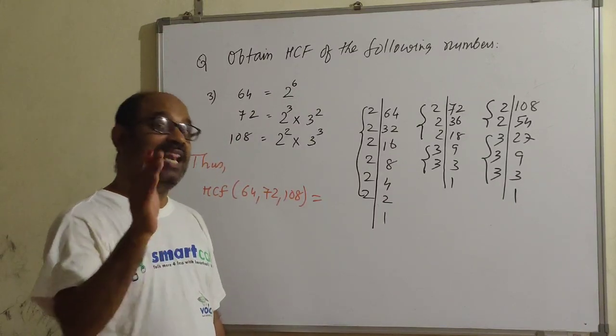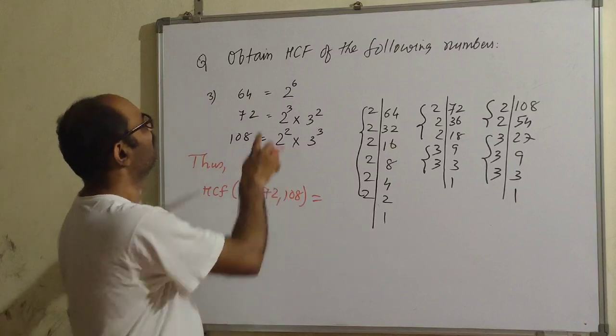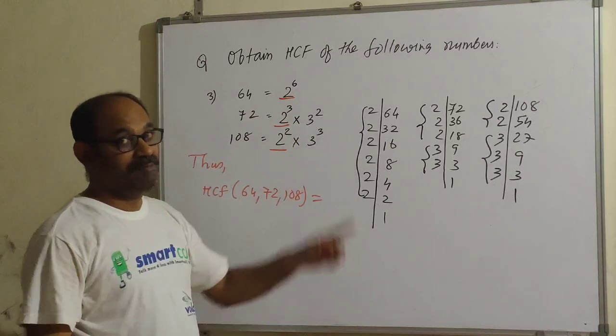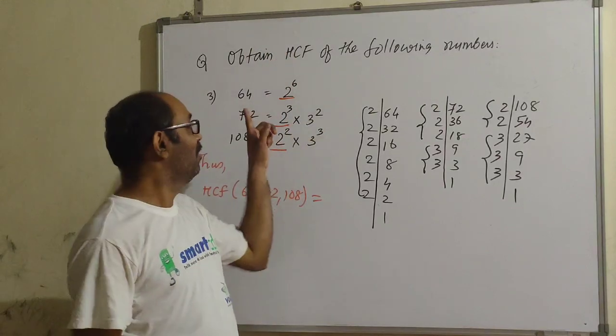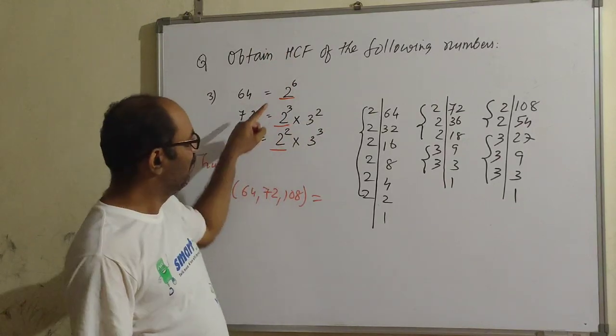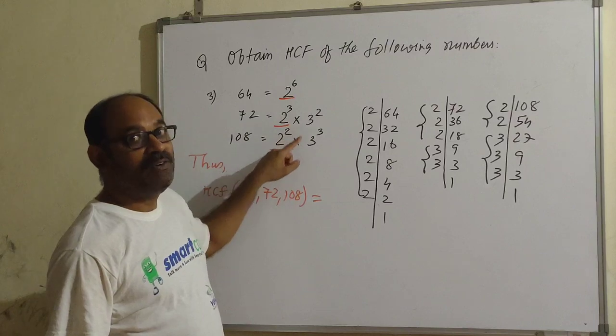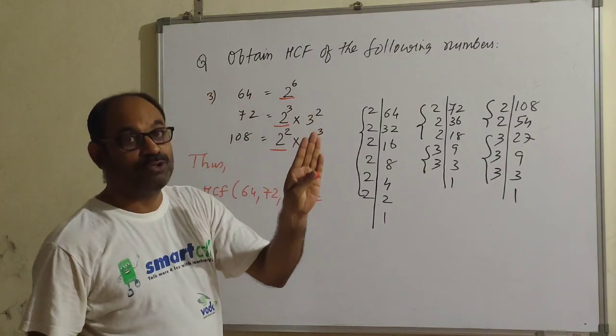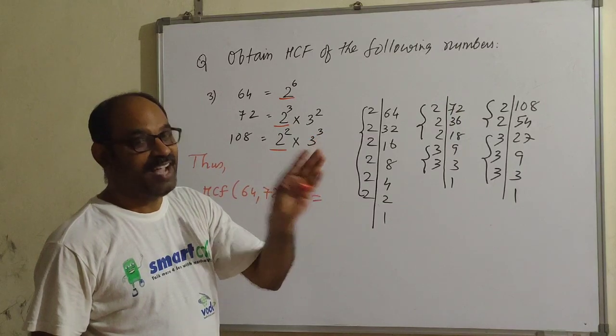Choose the powers with the same base. Power with base 2, power with base 2, power with base 2. Remember, it has to be common in all 3 numbers. Here, the power with base 3 is common only in 2. In the first one, it does not exist, so you don't have to choose those powers for finding HCF.